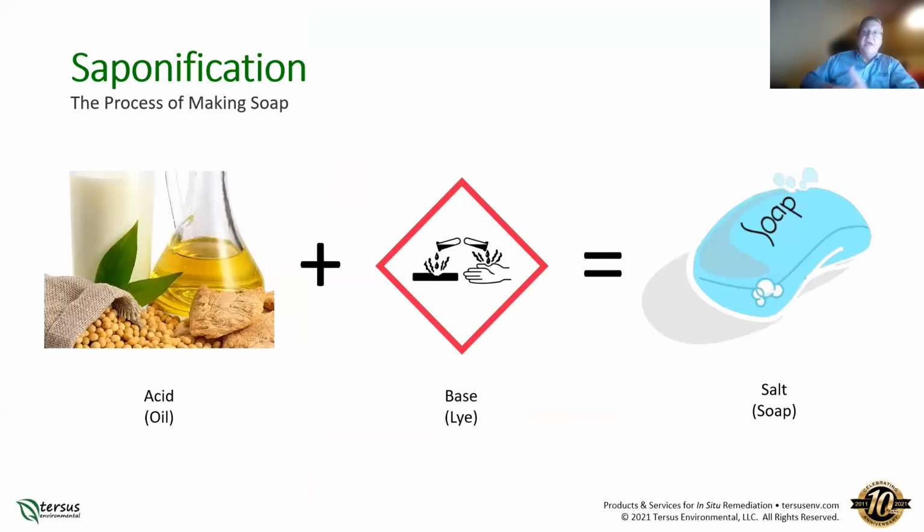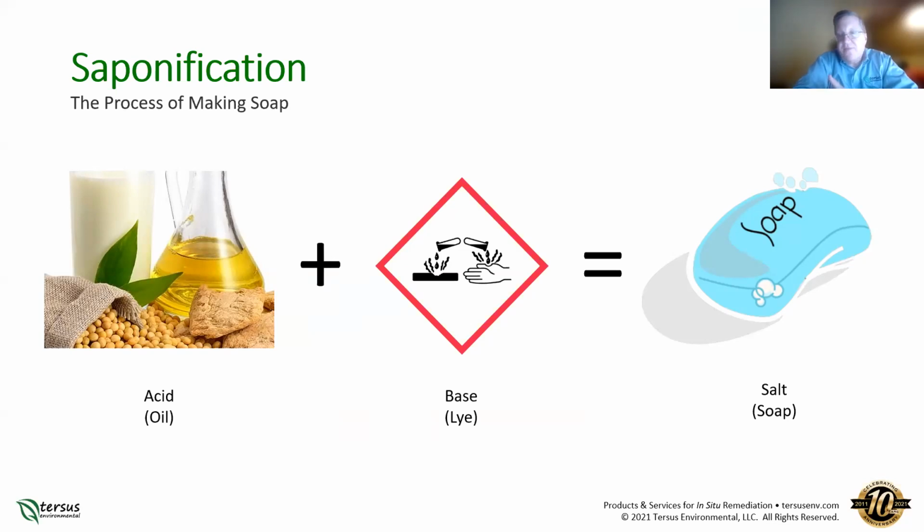And so when we go in and try to re-engineer these systems, often we have sites that are under acidic conditions, or in the process of reductive dechlorination, we're going to create acids. And through the fermentation of our donors, we're going to create acids.